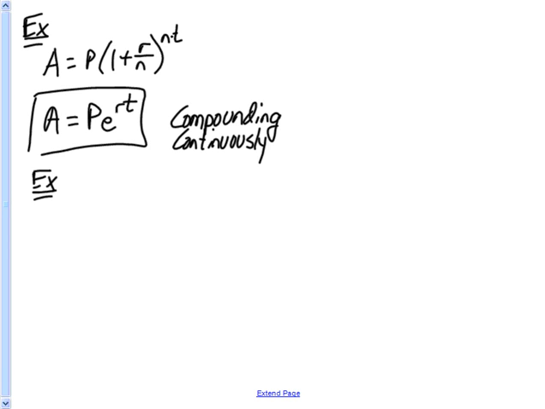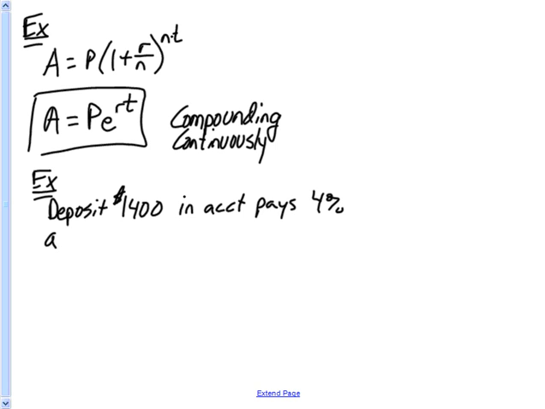So for example, let's say we deposit 1,400 bucks in an account that pays 4% annual interest, compounded continuously though.